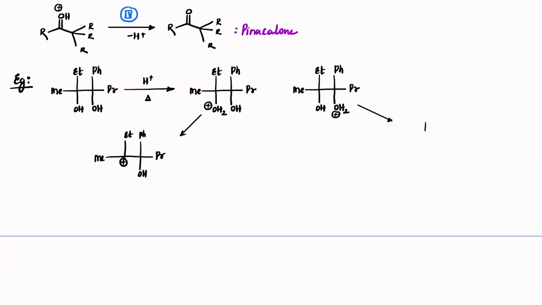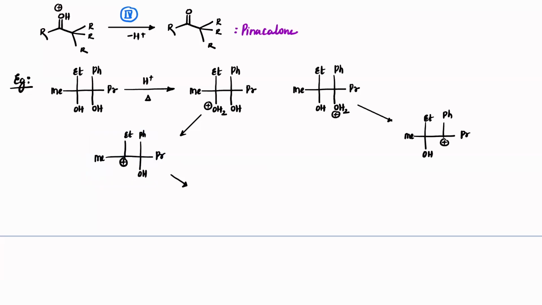The carbocation this side will be Ph, Pr, positive charge, ethyl, methyl, and OH. Okay. Now, from here, the migration takes place, correct? So as it gets migrated, see, what do we get?